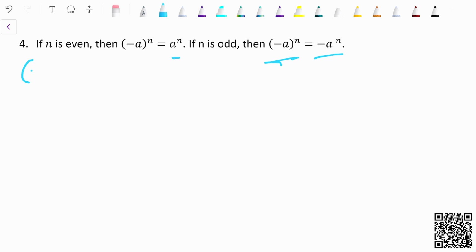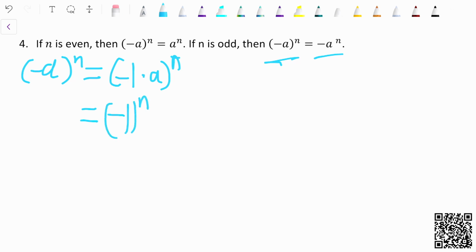So negative a to the power of n can equal negative 1 times a, to the power of n, which would then equal, if you took it apart, negative 1 to the power of n times a to the power of n.